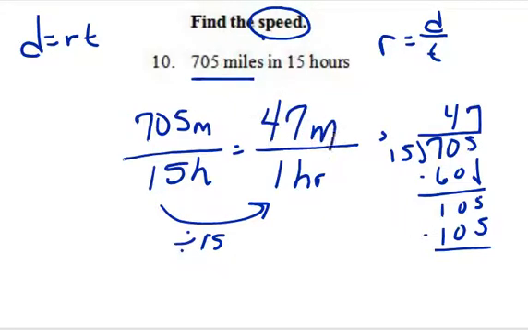Subtract. So it's 47 miles per hour. Remember, rates or unit rates are a comparison of one unit of measure to a single 1 unit of the other measure. So 47 miles per hour is your answer.